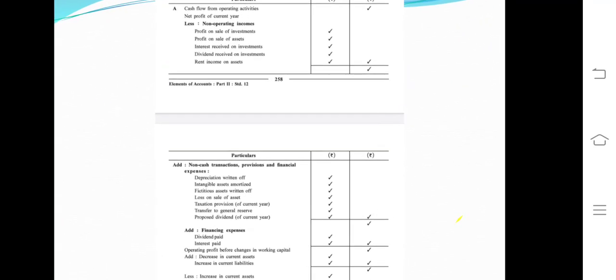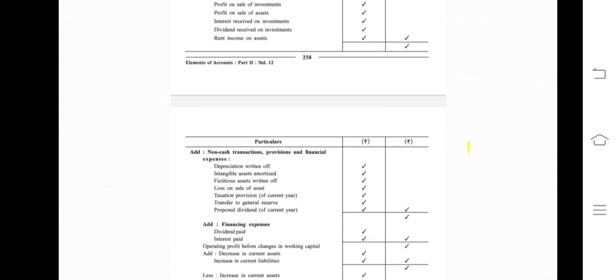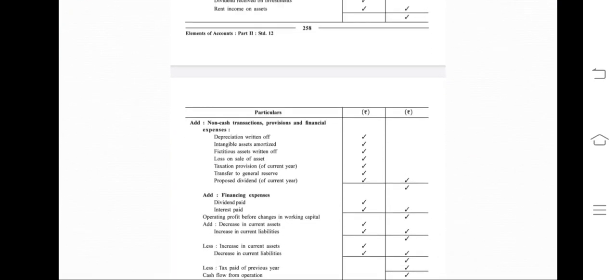Then from the profit, non-operating incomes will be deducted, that is profit on sale of investment, profit on sale of asset, interest received on investment, dividend received on investment, rent income on assets, etc. Right? So they are non-operating incomes, so they will be deducted. And then non-cash transactions will be added.